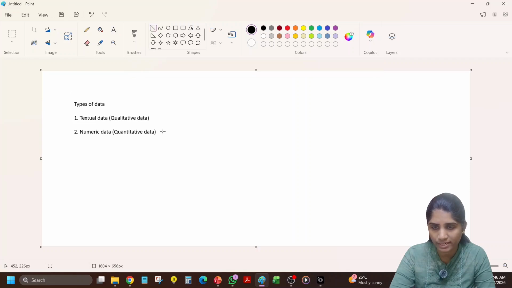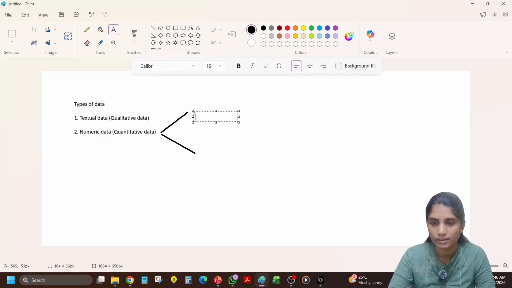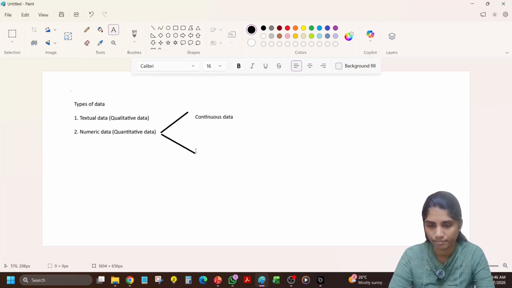In numeric data, we have two different types. One is continuous data, and the second one is discrete data. This we will see in the upcoming video. And then after this, we have types of acquisition techniques: how data can be acquired in different methods.